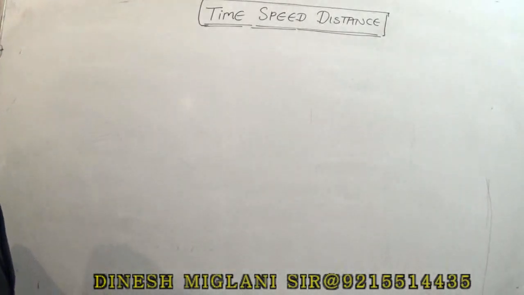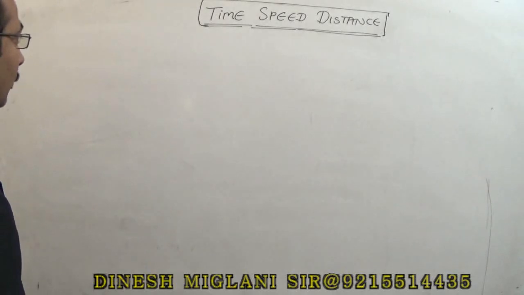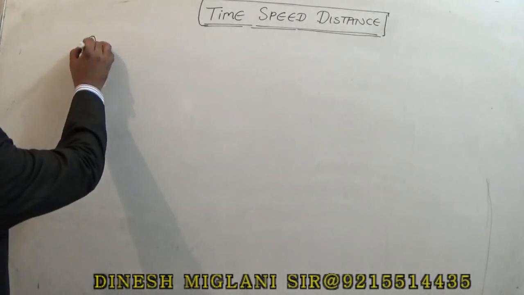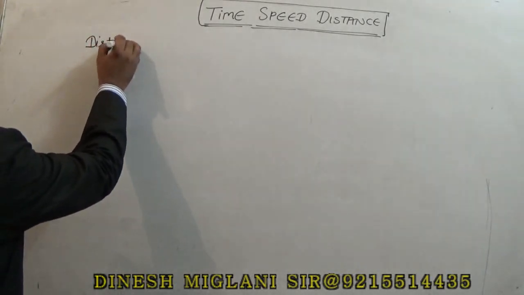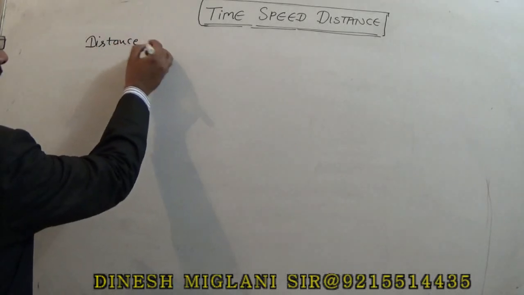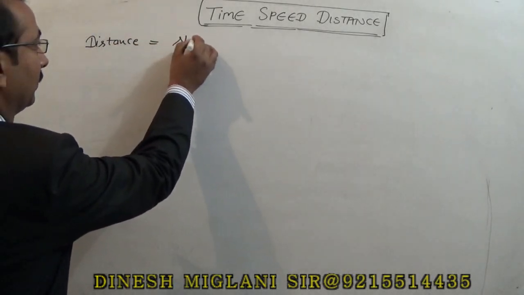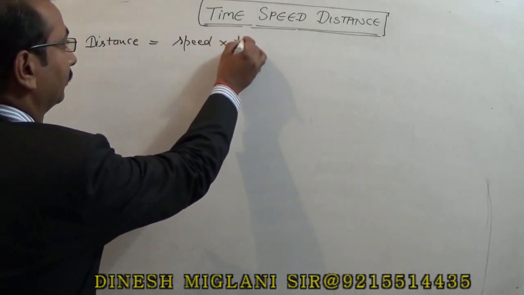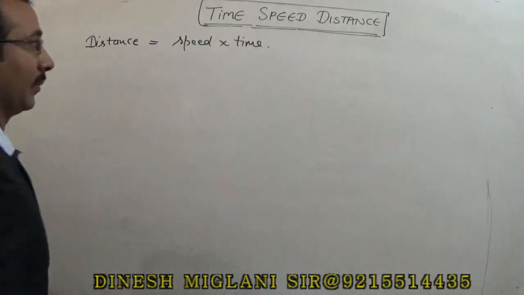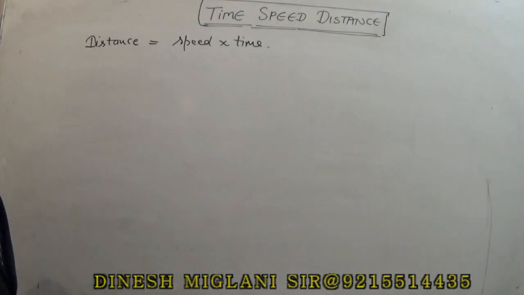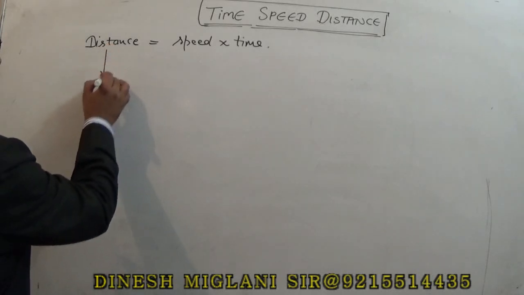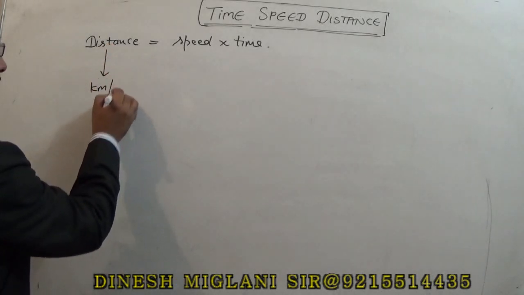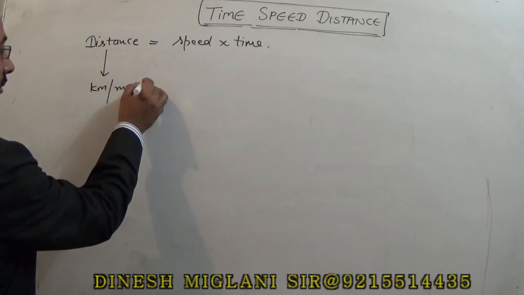Now when we start with this topic, the basic formula in this topic is, you all know, that the distance traveled is always equal to speed into time. That's our basic formula. When we consider the distance, that is either measured in kilometers or meters.